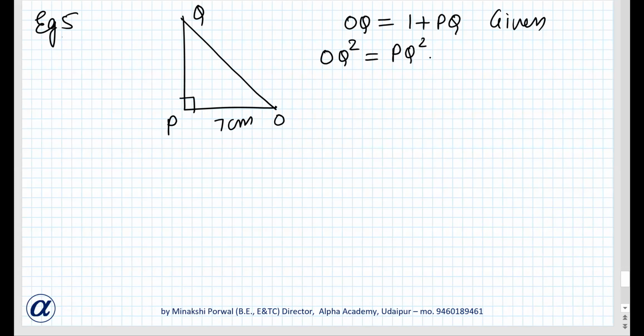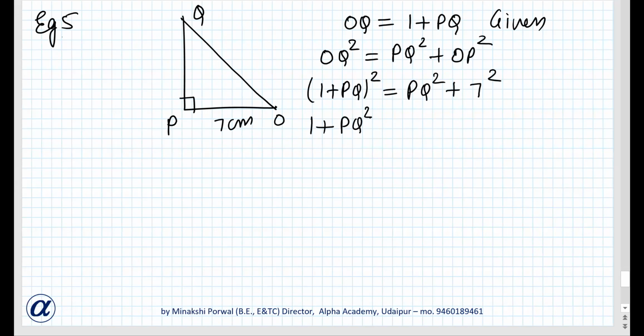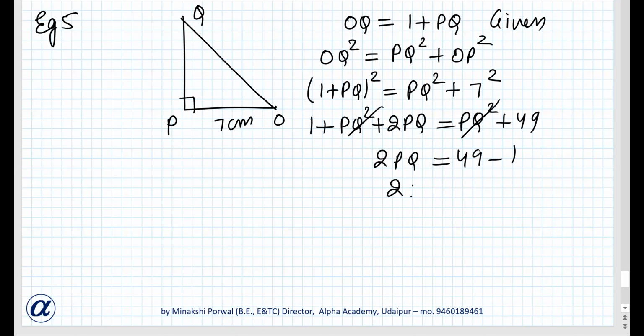OQ is 1 plus PQ the whole square, equals PQ square plus OP, which is 7 square. Now putting the identity a square plus b square plus 2ab, we get PQ square plus 49. This and this cancel. 2PQ is 49 minus 1, or 2PQ is 48. PQ is 24. Okay, PQ we got 24.